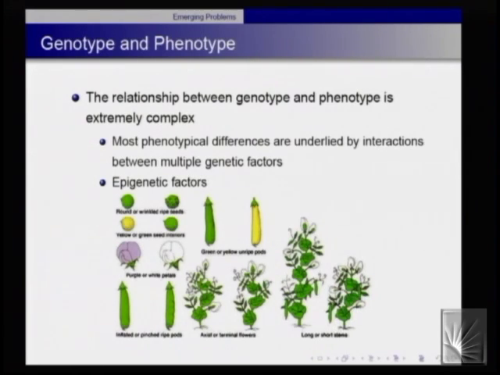But life is not as simple as Mendel's peas always. And we don't have really one gene that is responsible for a single phenotype. Most phenotypes are complex phenotypes, which means that they are underlined by interactions between multiple genetic factors. How do you identify those multiple genetic factors? It is a combinatorial problem.